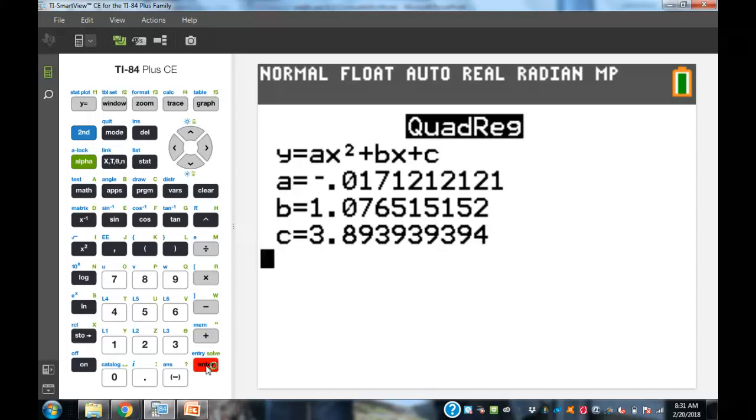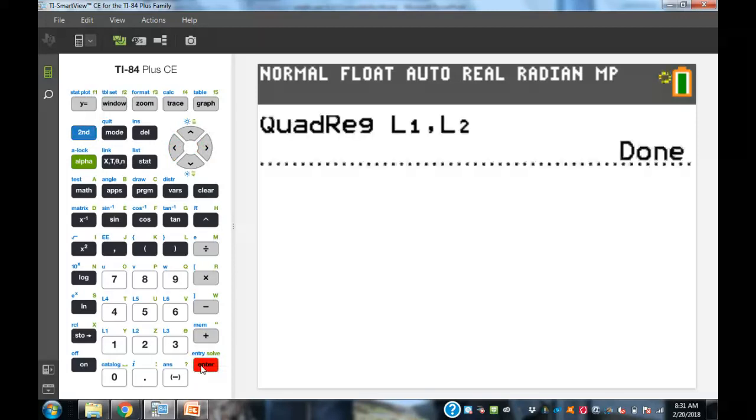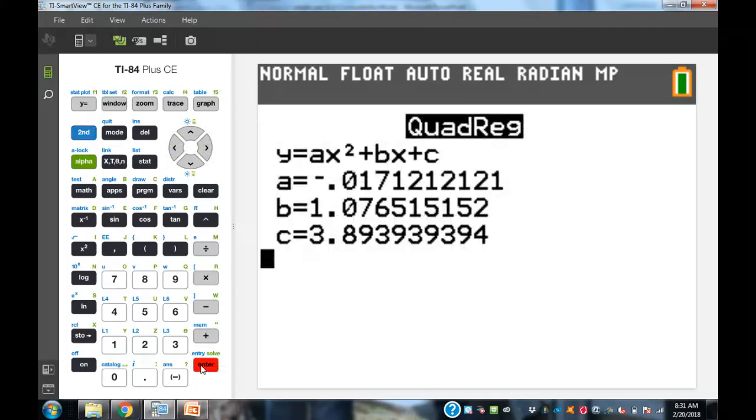If we've got the equation, then we can find anything we need. We can find the distance or the value at a given entry. Put that back up there so you can see it. So we've got the A, B, and the C. We've got the quadratic equation.